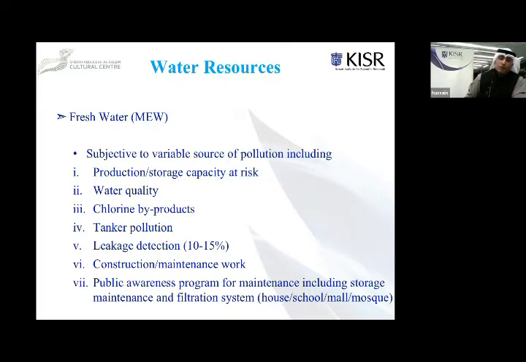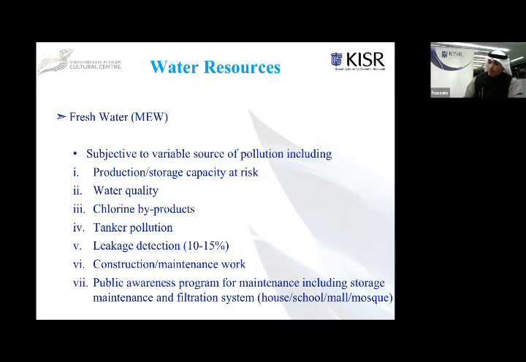Of course, it was detected that through the piping and the network of the freshwater, we have a leakage of 10 to 15%, which is a waste of money, and we have to define where and how to overcome that problem. Of course, similar to the other piping, the construction and the maintenance work will probably affect those networks and could damage them and cause a leak on the freshwater network.